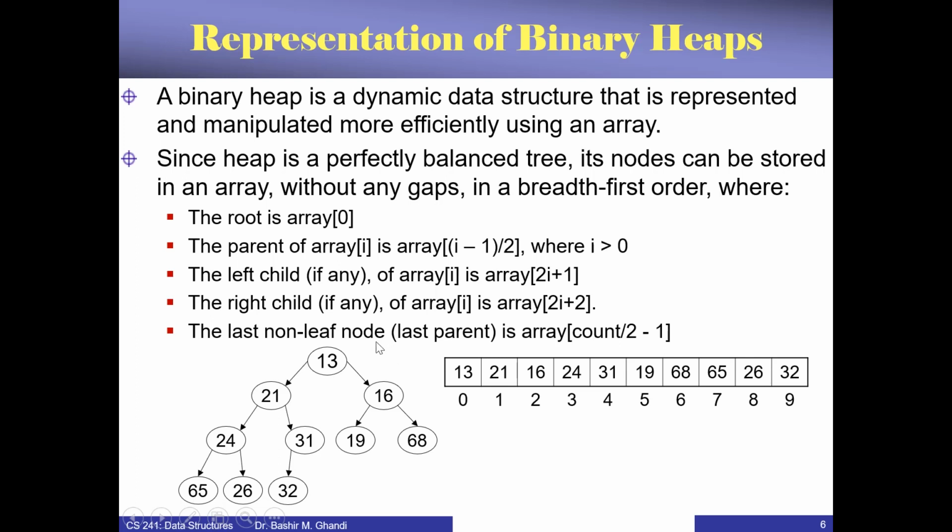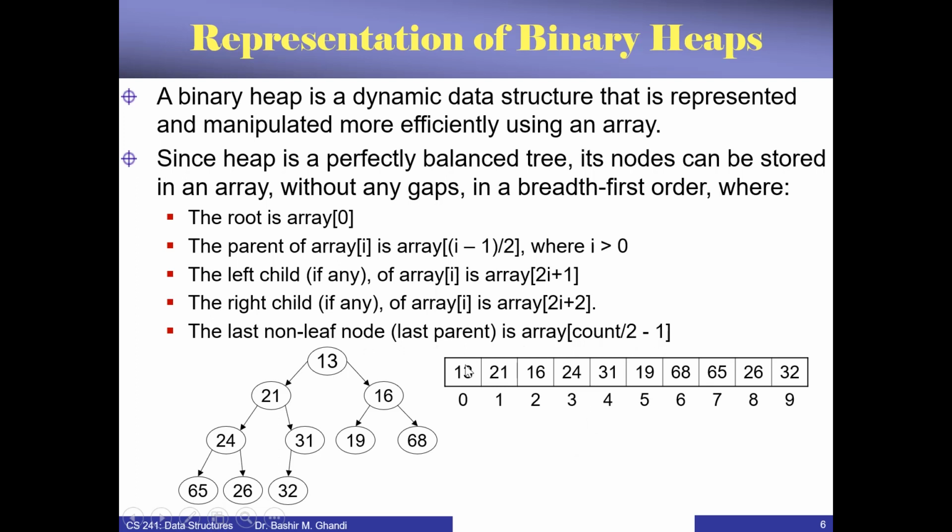The last formula that will also be useful later is that the index of the last non-leaf node, or the last parent if you like, can be obtained by dividing the count, where count is the number of elements in the tree, by 2 and then subtracting 1. So the index of the last parent is count over 2 minus 1.